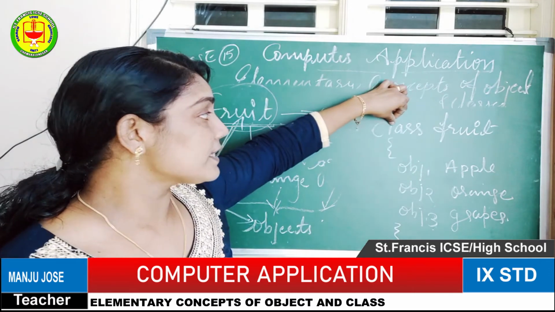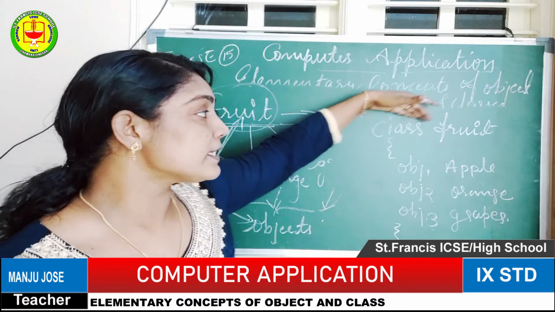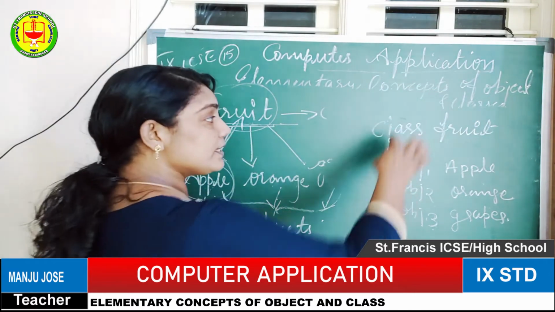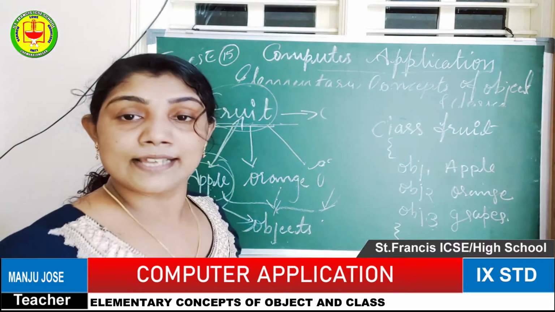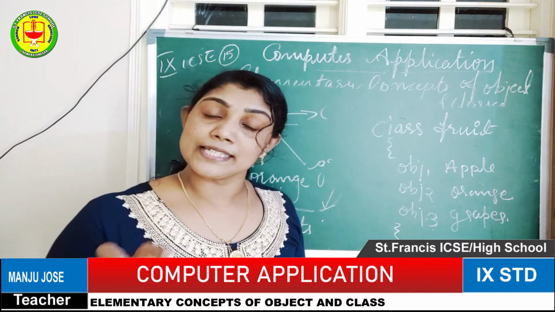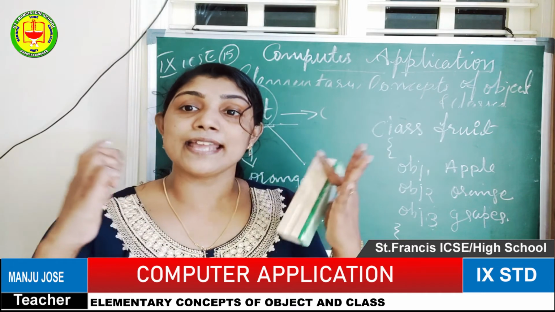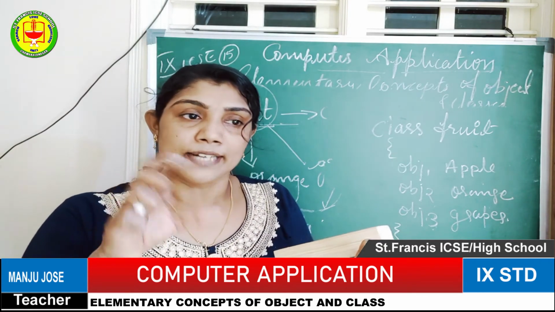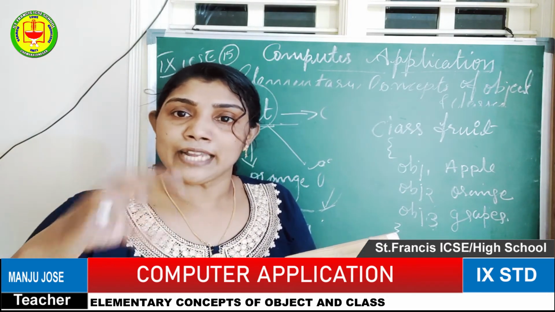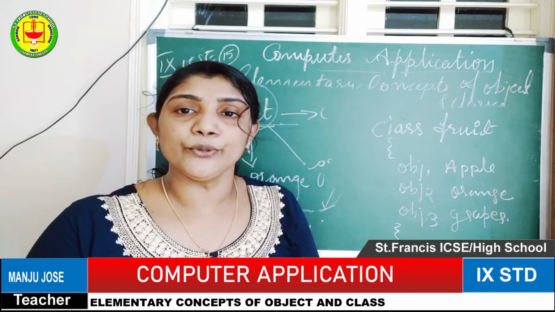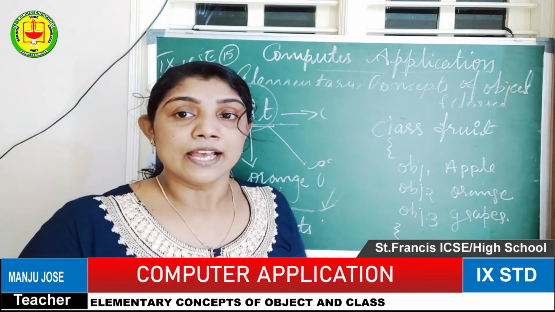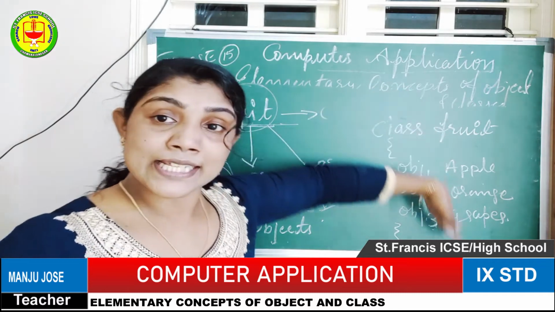So class is a keyword only. Class fruit. Before, in the class explanation, I explained that a class is just like a frame. Directly we are not doing anything with the help of the class. We are coming inside the class.